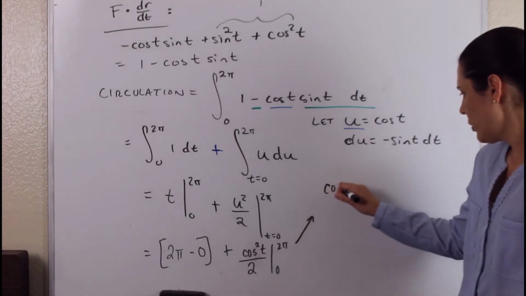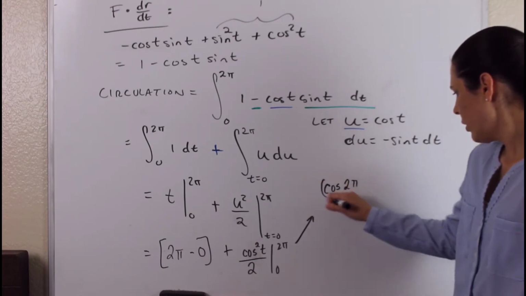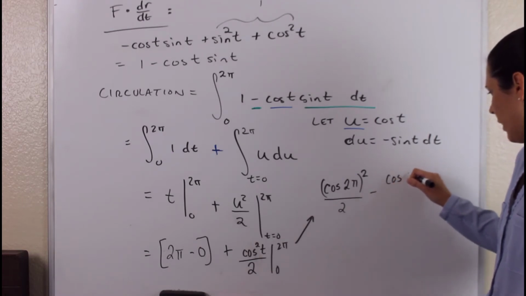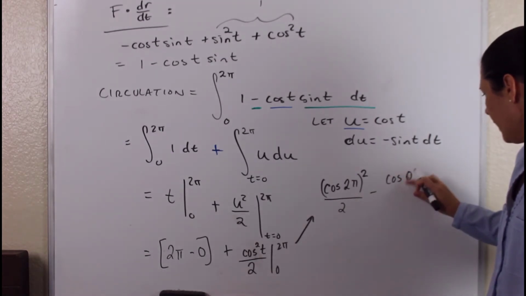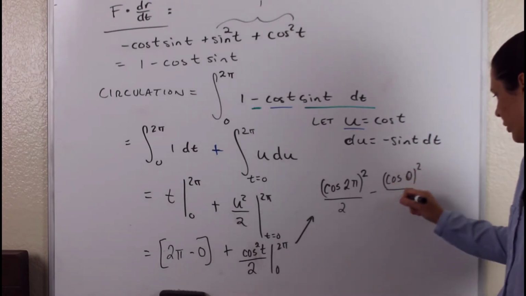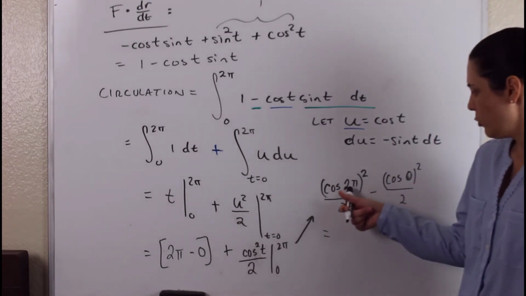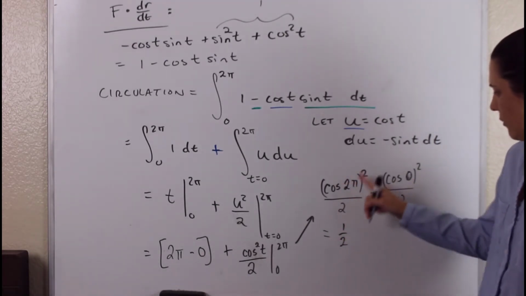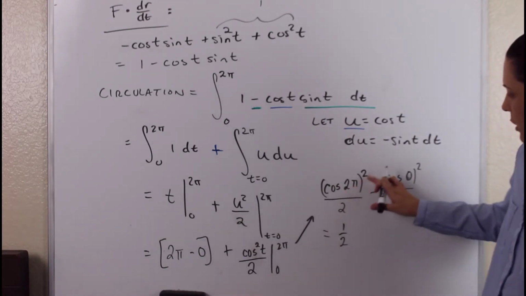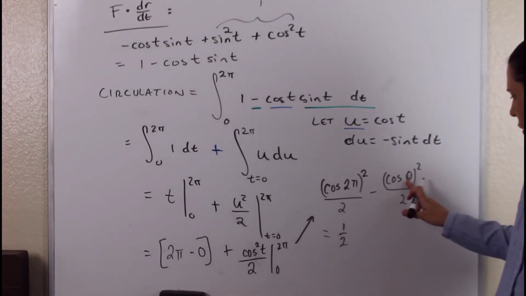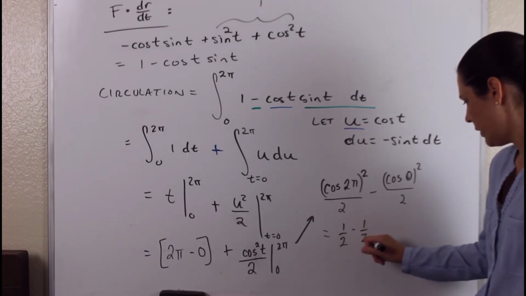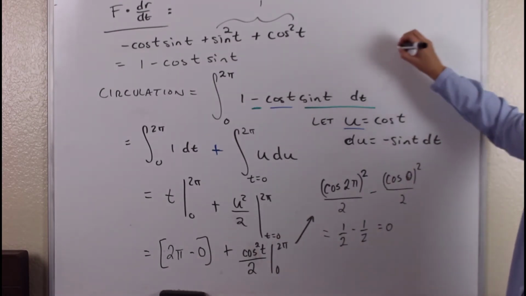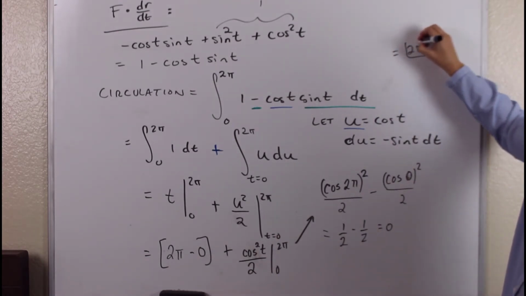This is cosine of 2 pi quantity squared over 2 minus cosine of 0 squared over 2, which cosine of 2 pi is 1, so this is 1/2. And then cosine of 0 is also 1, so the top is 1 squared over 2, and this is minus 1/2. So this whole thing was 0. So 2 pi minus 0 plus 0, final answer 2 pi.